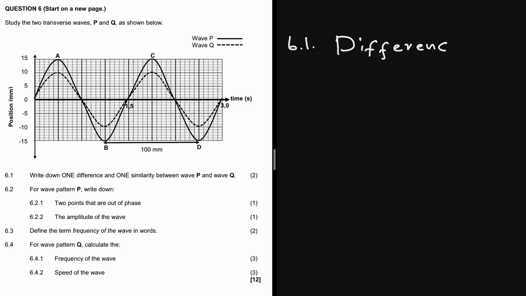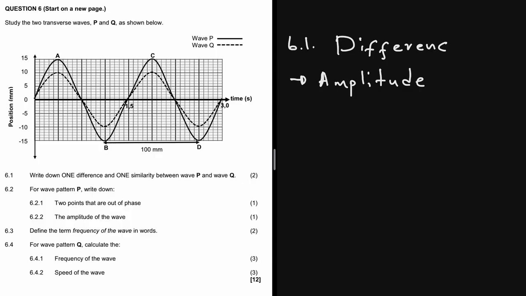We can see that wave P has a bigger amplitude than wave Q, because they don't have the same maximum point, and they also don't have the same minimum point. So the difference will be the amplitude. The amplitude is different in both waves. The amplitude of P is bigger than the amplitude of Q.